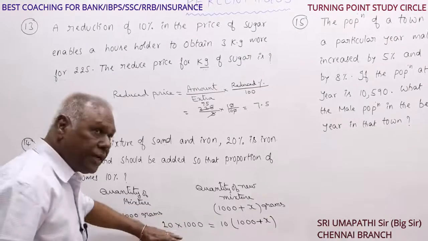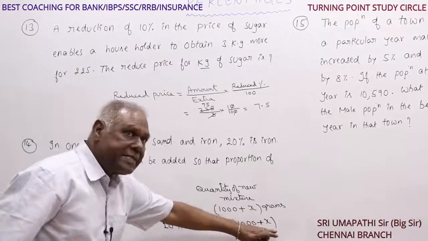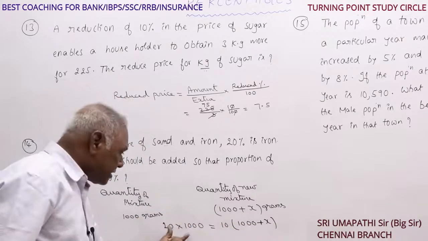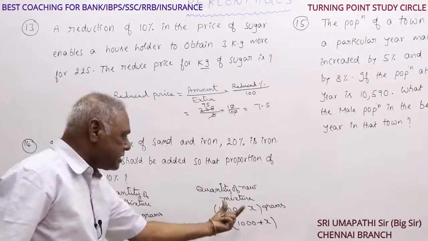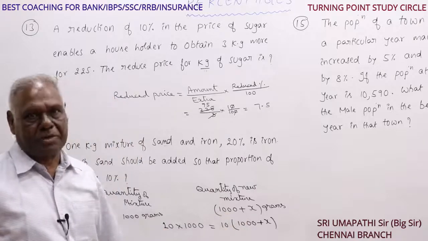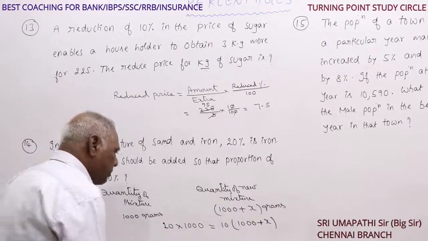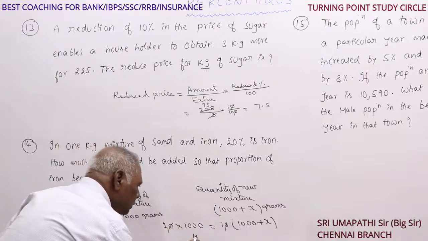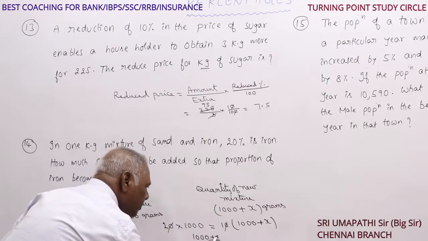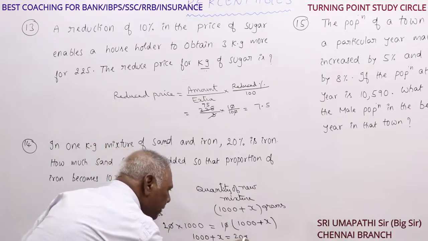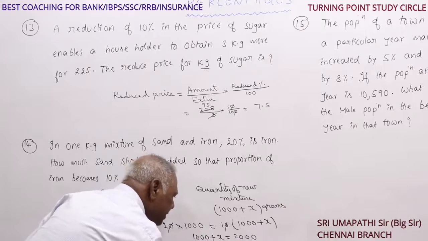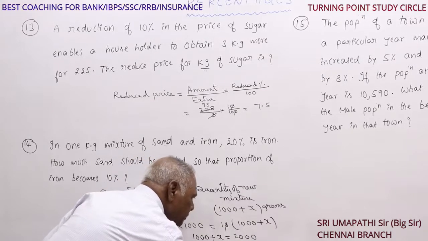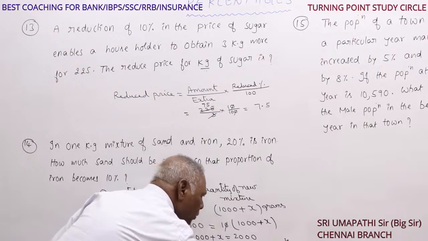So here 20%, as some sand is added, it becomes 10%, but the quantity of iron is the same. They must be equal. So simplify. So 1000 plus x is equal to 2000. Therefore, x is equal to 1000 grams, or it is equal to 1 kg.